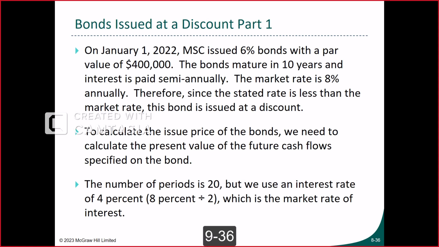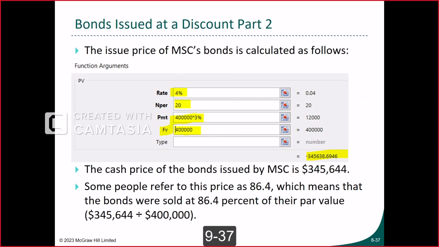The issuance price is the result of a mathematical calculation using the present value calculation. So we need to calculate the present value of the future cash flow. And we are going to use the same Excel formula function, the present value function. All we need to do is fill the form, to enter the required data to make the calculation.